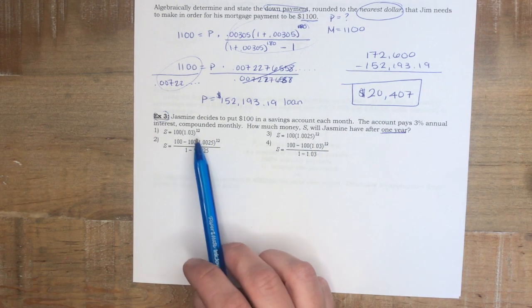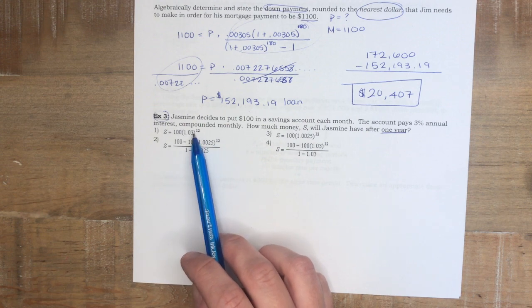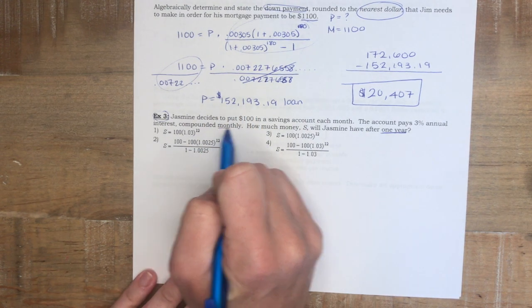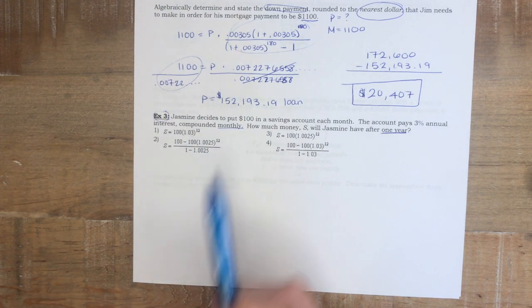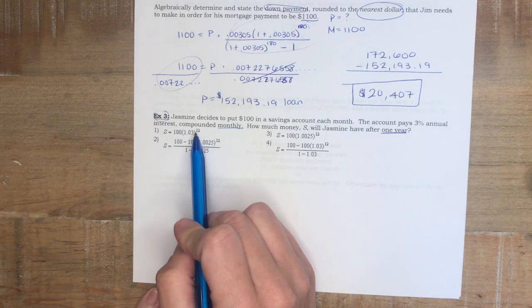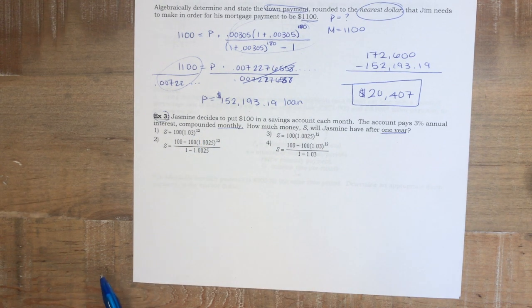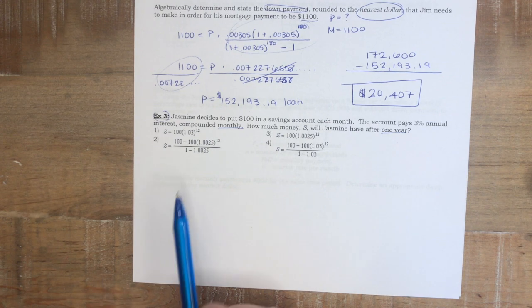But if we think about what that means, that doesn't take into account that it's compounded monthly. That would be compounded annually. And even if the time is in months, it's not taking into consideration the fact that it's compounding monthly. And that's going to give you how much she has in the 12th month. It's not giving you the total.